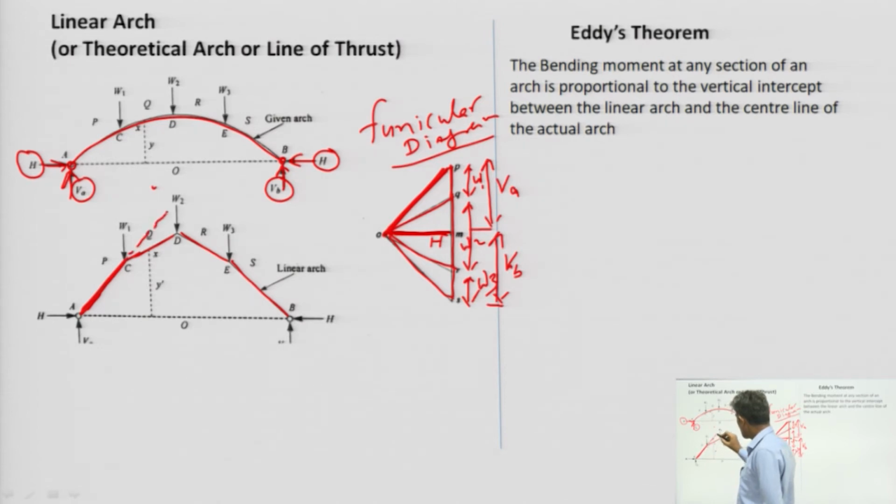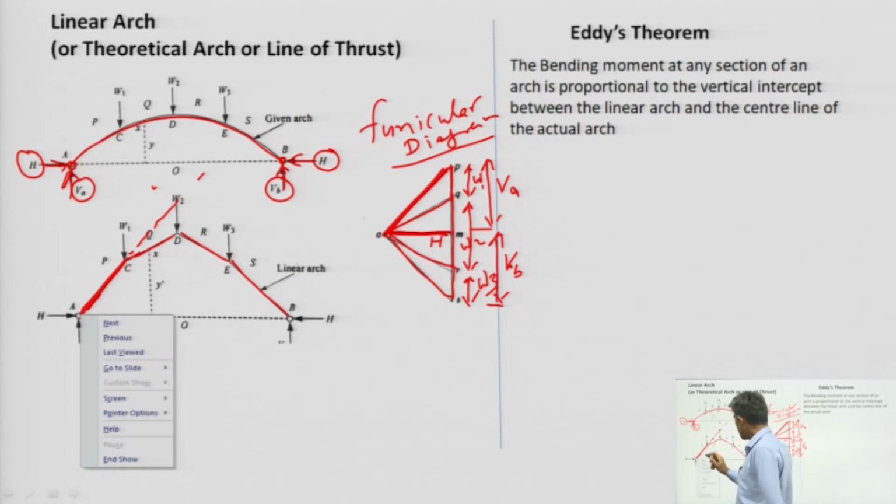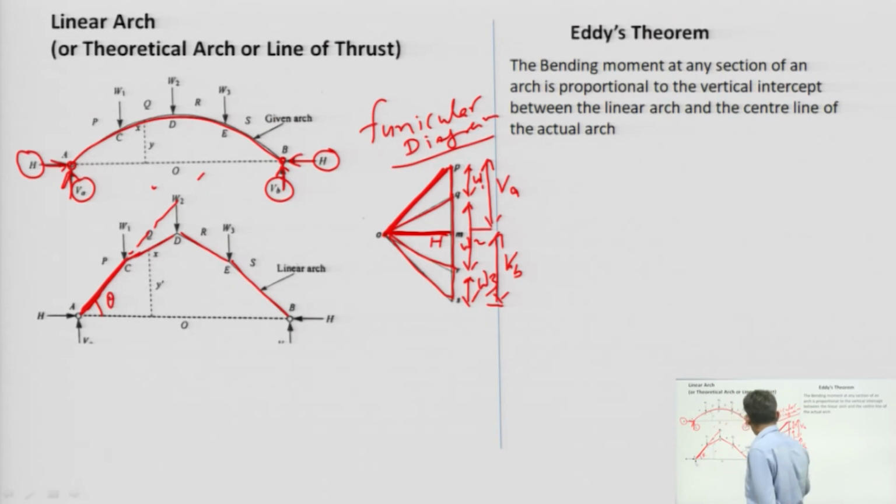At the support point A, make a line with the same slope. Suppose this angle is theta. Then the slope of this line is the same. And the length of AC is up to where the point load W1 is acting. So, this is a straight member AC.